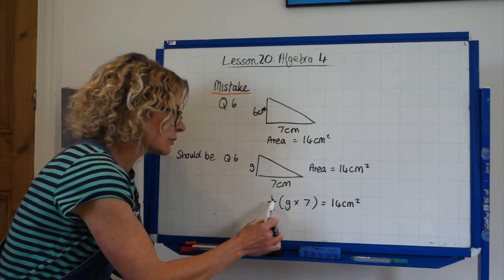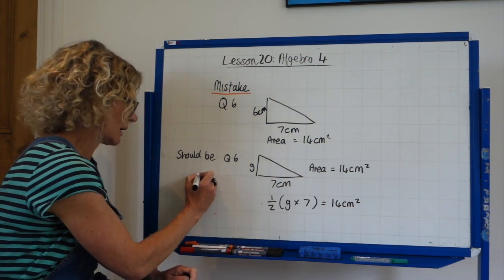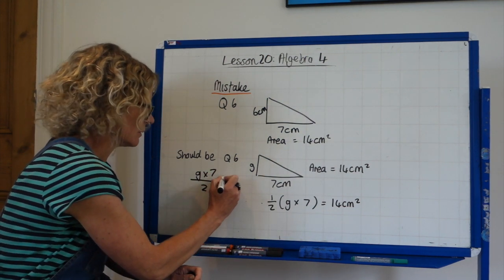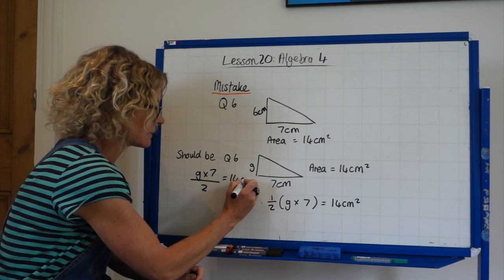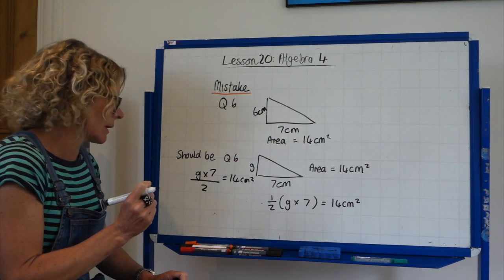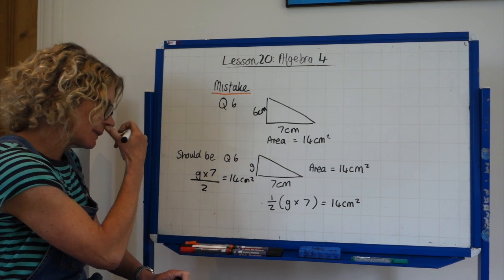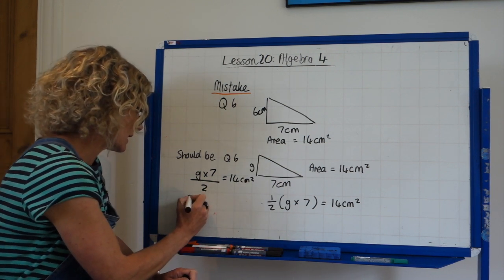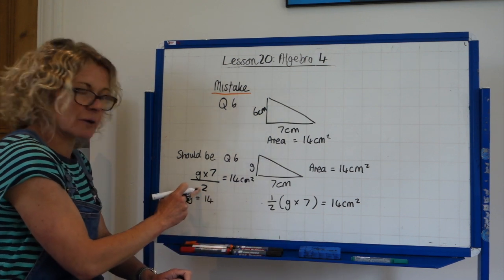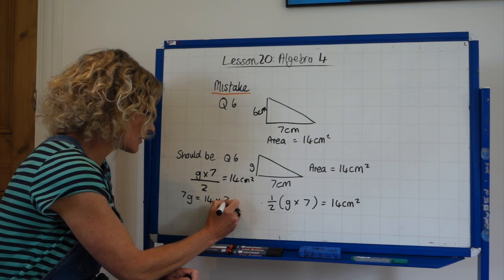In order to find half of something, you've got to divide it by 2, haven't you? So g times 7 divided by 2 equals 14 centimetres squared. Okay? So we're getting to where we need to be now, aren't we? Let's write that out a little bit better. 7g equals 14, times 2. What's the opposite of dividing? Multiplying times 2.